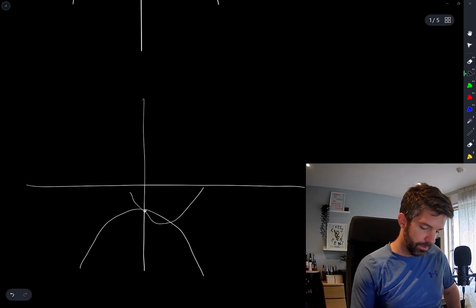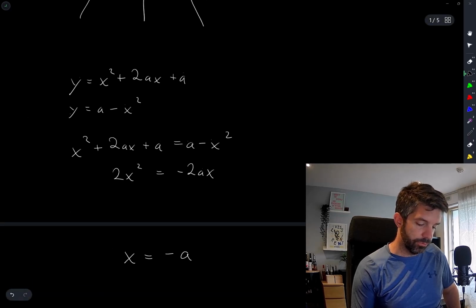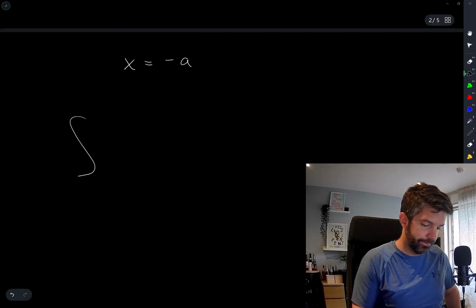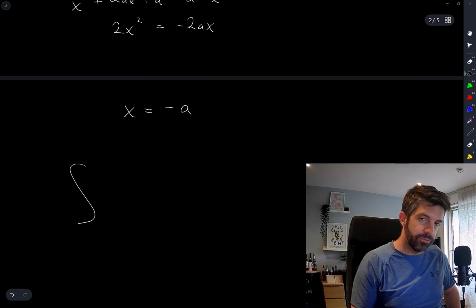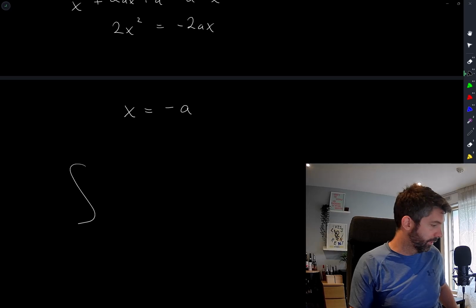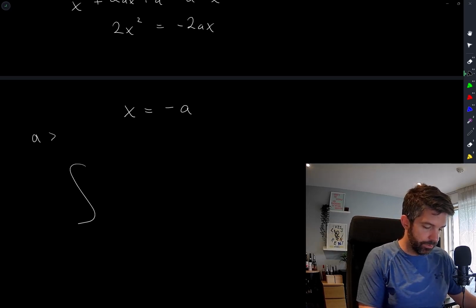Is one parabola always on top? Yes, the one that opens downwards is always on top. There's going to be two answers here because of the symmetry of the problem. One value of a is going to be positive and one value is going to be negative. So let's assume that a is positive.